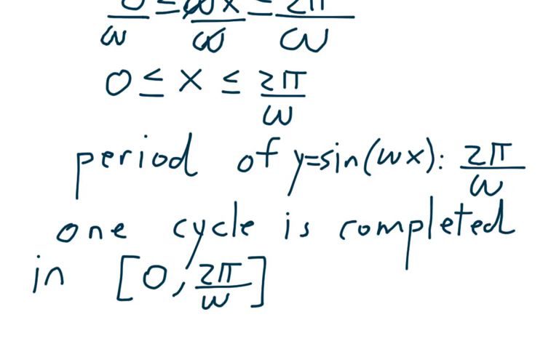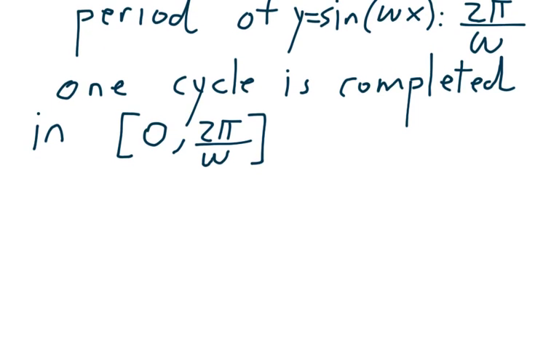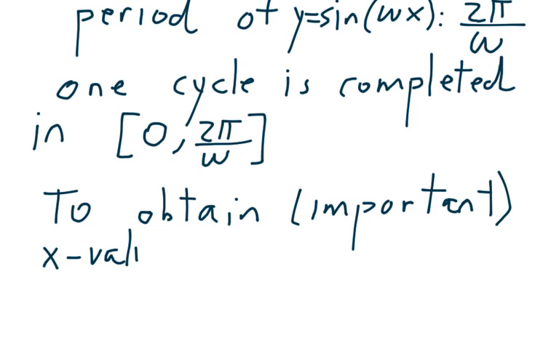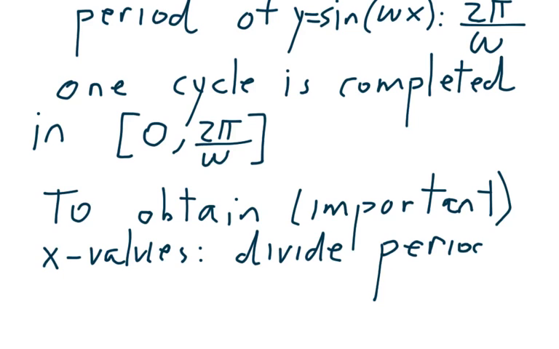And not only that, to get the important x values, what we're going to do is divide by 4. Let me just quickly write that down. To get the important x values, we're going to divide the period by 4.